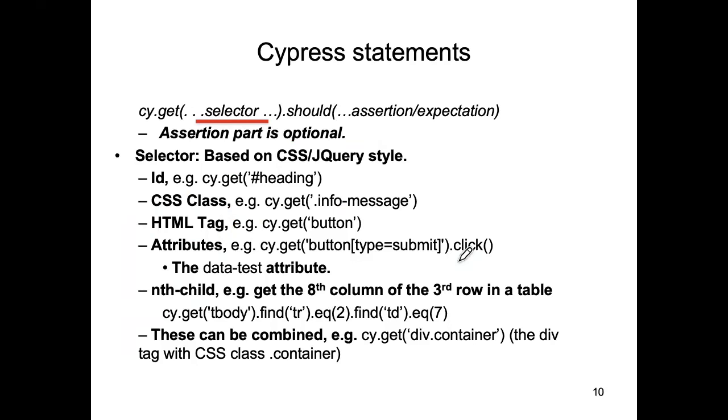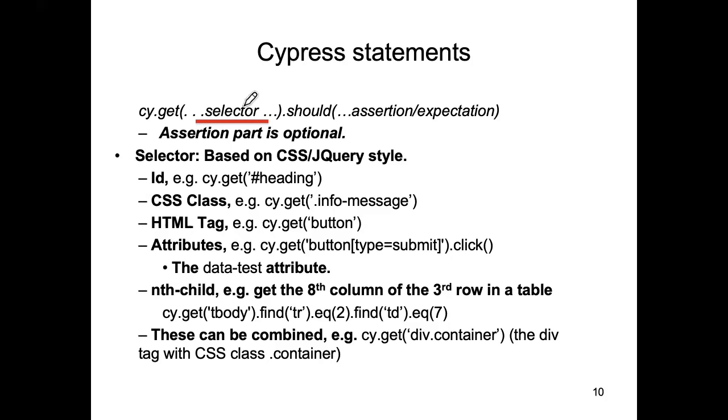So here's the Cypress statement structure again, command followed by an assertion. In the command part, though, you need to specify what's called a selector. The selector is what Cypress uses to determine which particular DOM elements you are asking it to identify within the web page.